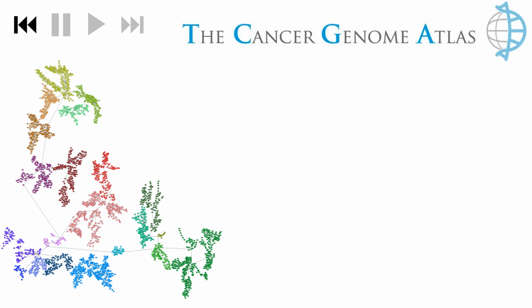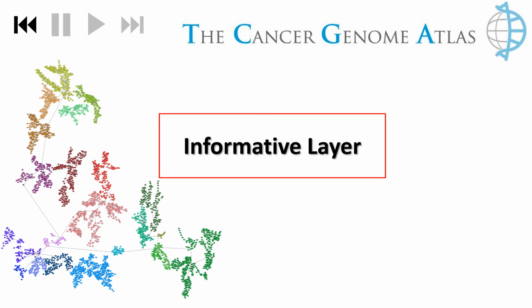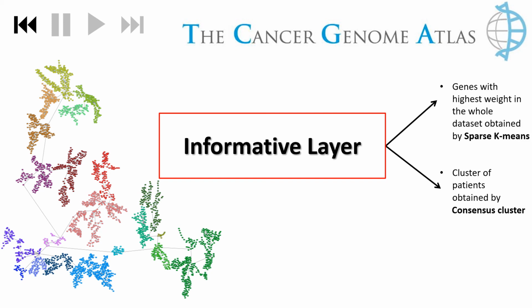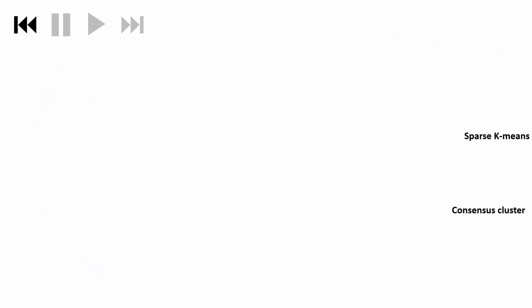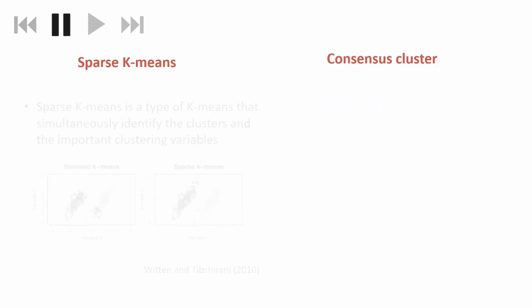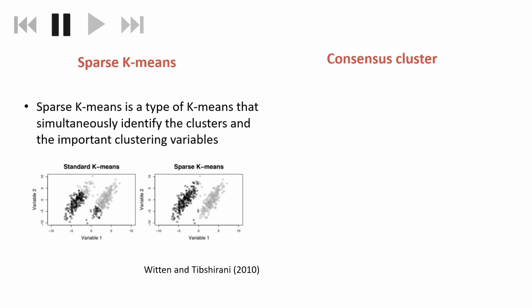Once we had the probabilistic graphical model, we studied it by searching the informative layers. These are small databases within the original dataset with genes selected by sparse k-means and patients clustered by consensus cluster. But wait again. What are these sparse k-means and consensus cluster? Sparse k-means is a type of k-means that simultaneously identifies the clusters and the important clustering variables.